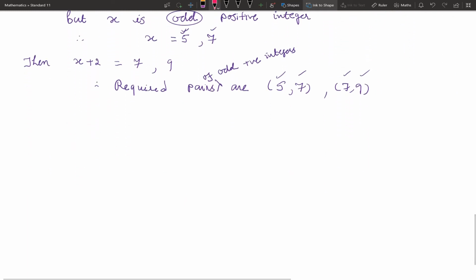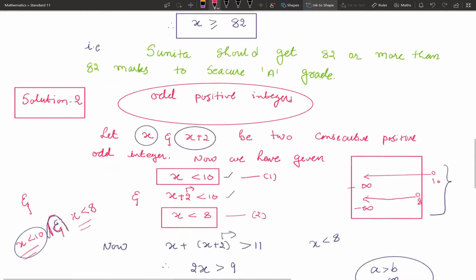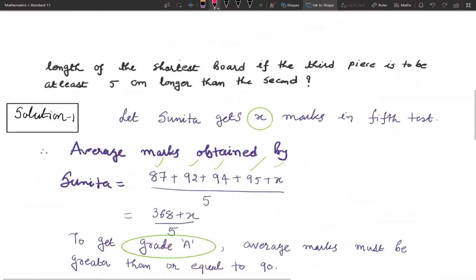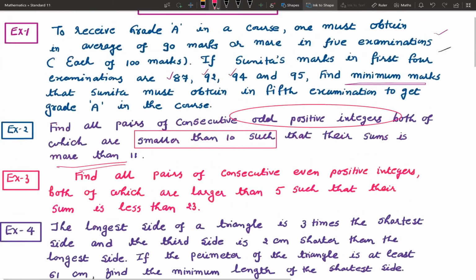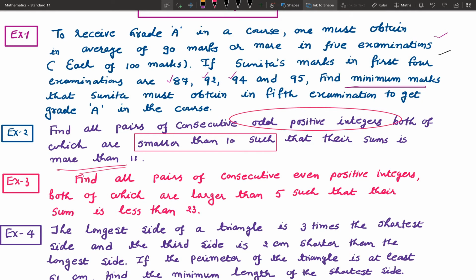Now we discuss solution 3. Now the problem is example 3. Find all pairs of consecutive even positive integers.